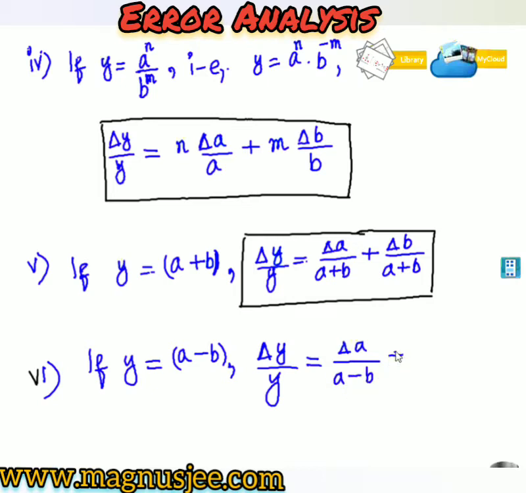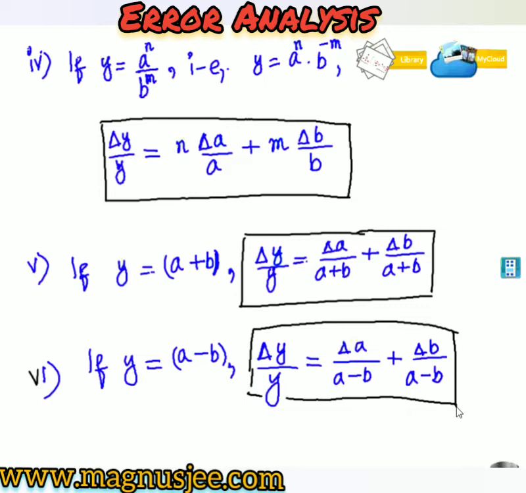Here in place of a plus b, a minus b, plus delta b by a minus b. Finally, we get delta y by y as delta a by a minus b plus delta b by a minus b.